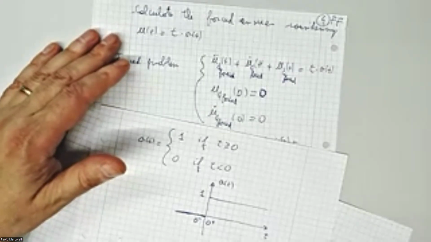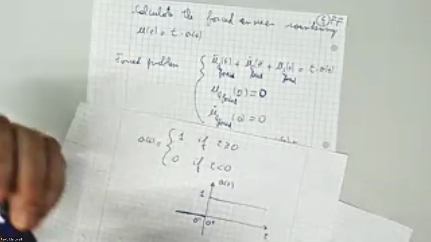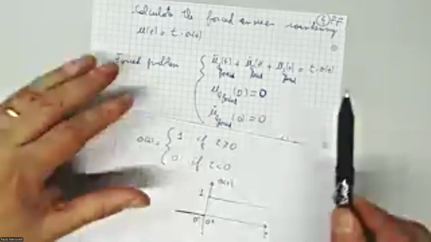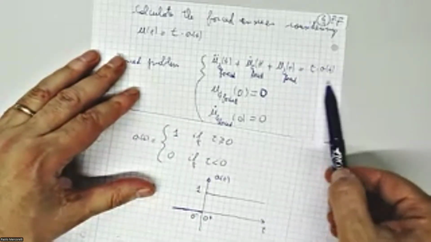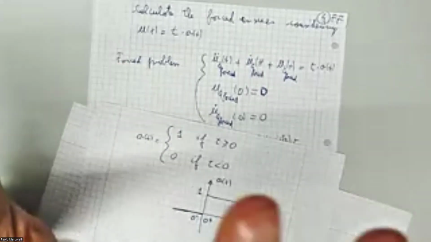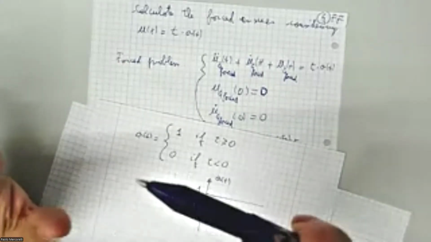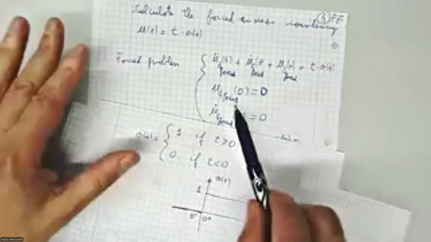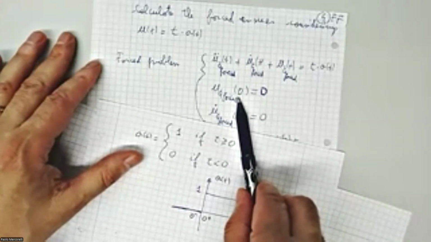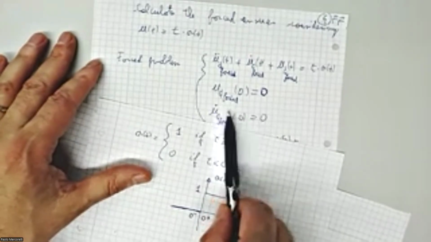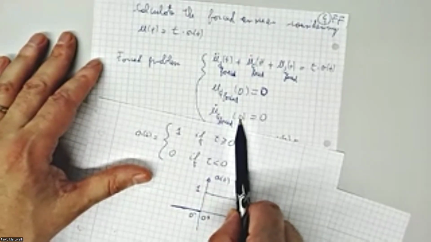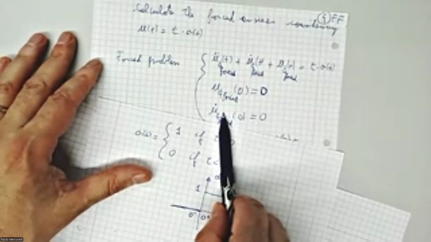From the engineering point of view, it must nevertheless be justified and considered what happens between 0 minus and 0 plus in the presence of such an input. But let me assume that UC forced at 0 minus equals UC forced at 0 plus equals 0, and UC forced dot at 0 minus equals UC forced dot at 0 plus equals 0.